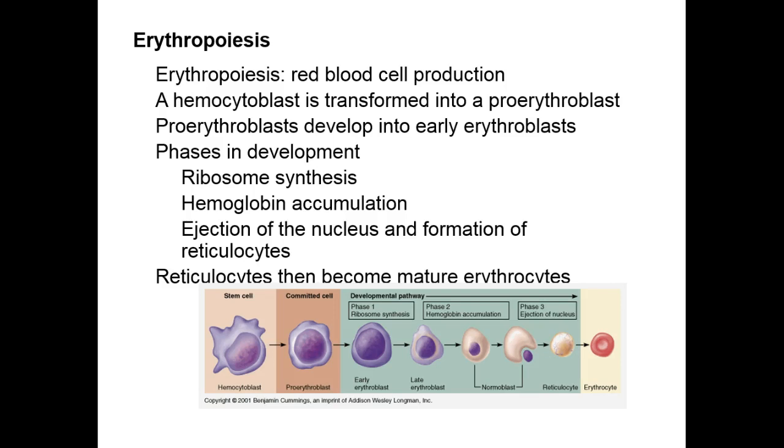And then the last thing that happens is the reticulocyte, which is the immature red blood cell. Immature because it isn't quite the shape, it isn't quite the capacity of a red blood cell, but it's reticulocytes that become mature erythrocytes.